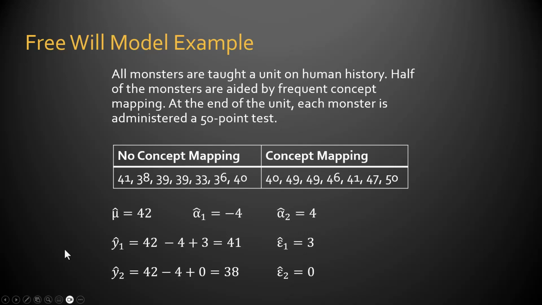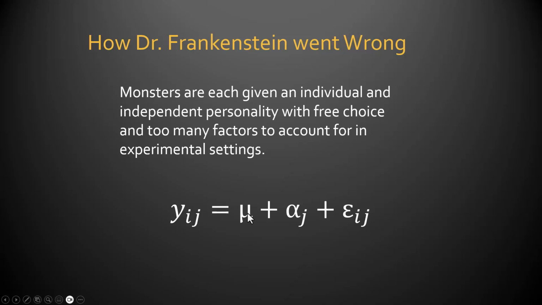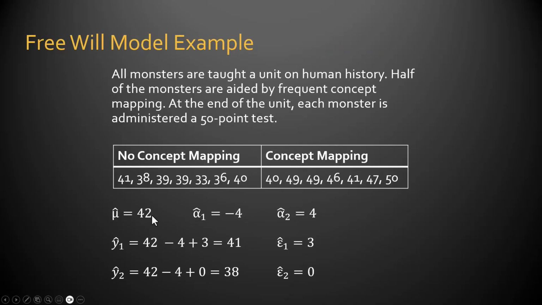But now when I start looking at the individual monsters, like if I look at that very first monster, monster 1, which would be y hat 1,1, because they're in the first group. If I look at that first monster, we start at 42, notice the model again, mu plus alpha plus epsilon. So we start at our estimate of the baseline, 42.